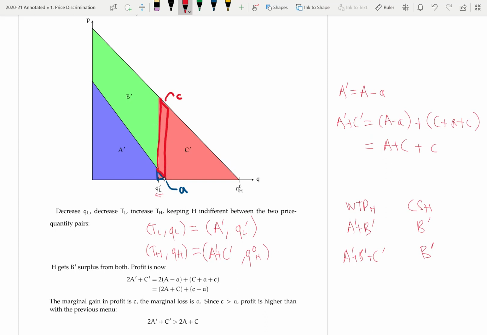Buyer H is willing to pay quite a lot for these units compared to buyer L, and so it makes sense to reduce the quantity here and adjust these prices. So the new profit is 2A dash plus C dash, and we can write that in terms of our A's and C's. This is the old profit, this is the gain. The gain, remember, is just that area small c minus that small area small a.